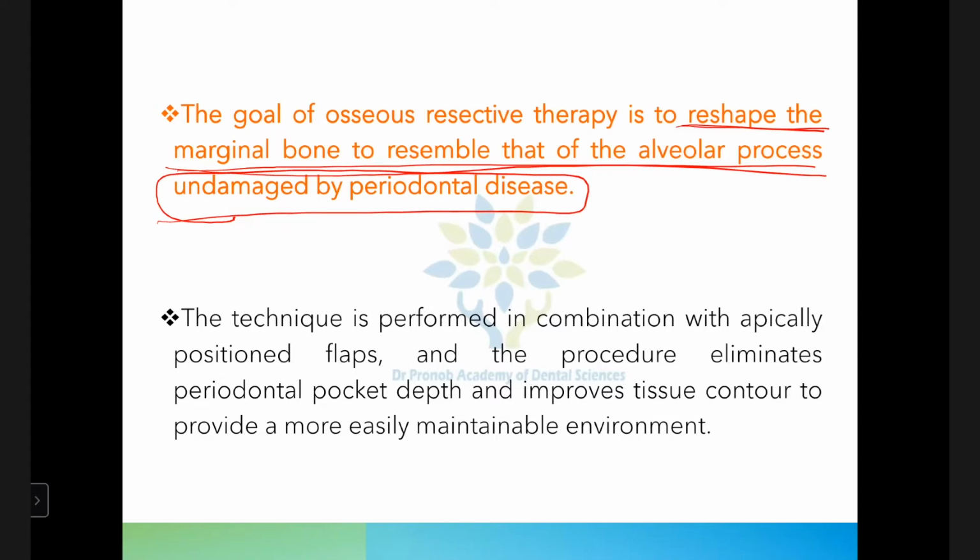This osseous resective surgery is performed in combination with the apically positioned flaps. We have studied apically positioned flaps in the flap surgery topic, right? This is done along with the apically positioned flap, and as we all know, the apically positioned flap is a pocket reduction technique.